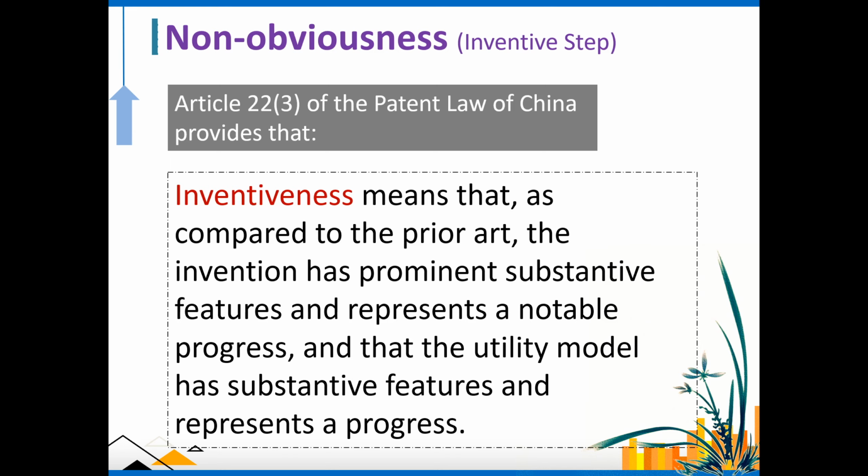For inventions, it's required that it must represent notable progress. However, for utility models, it requires only progress. So comparatively, the requirement of inventiveness for utility models is weaker than the requirement for invention patents.